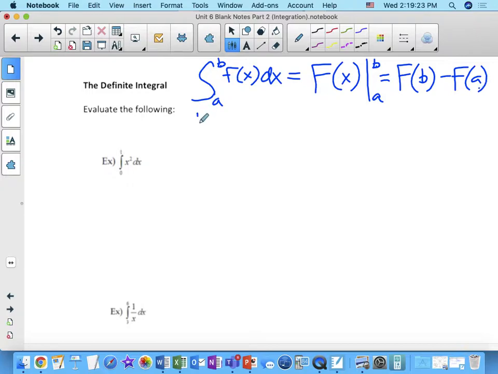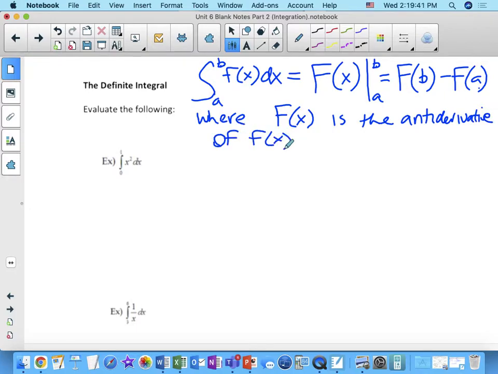Okay, and this is where capital F of x is the antiderivative of f of x. Okay?